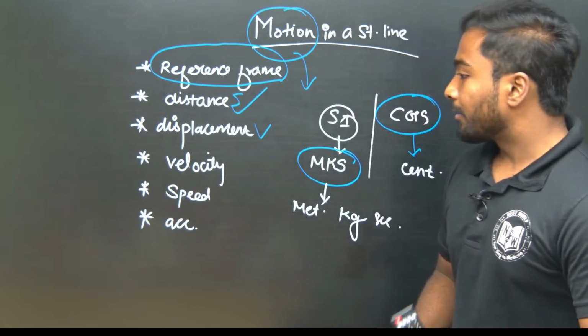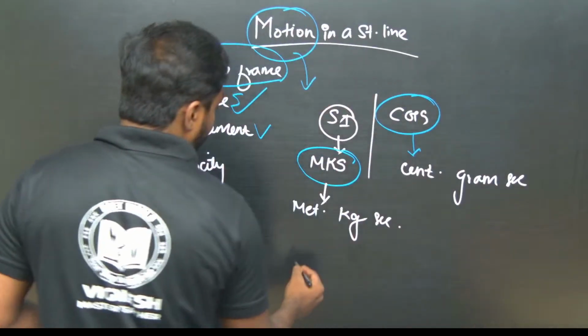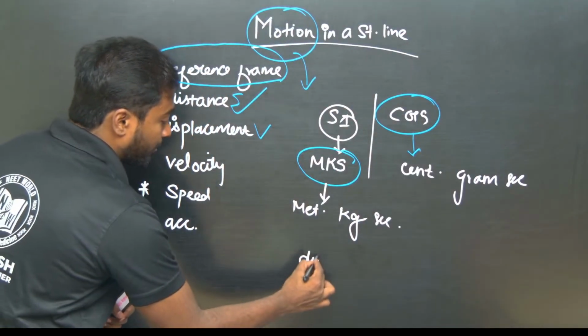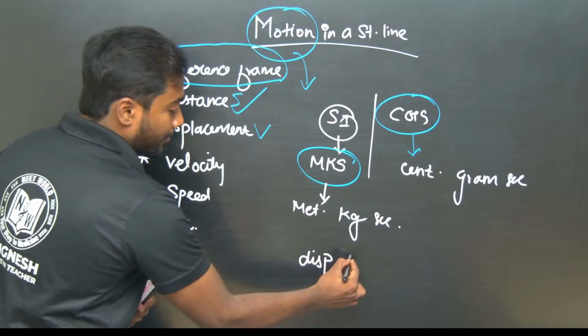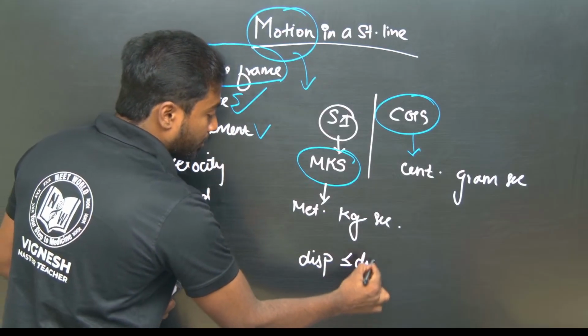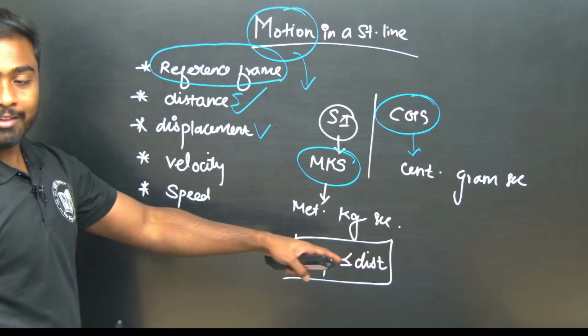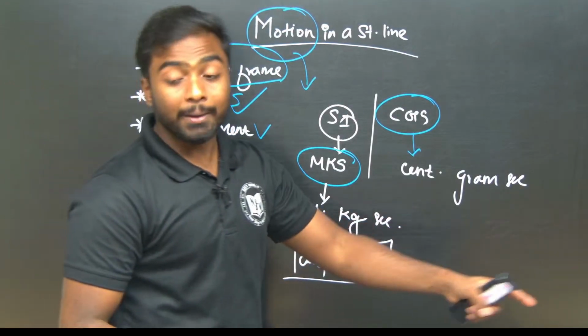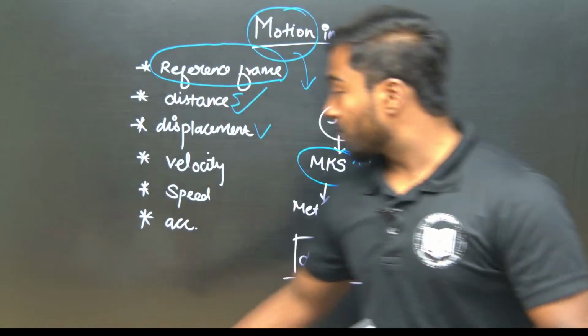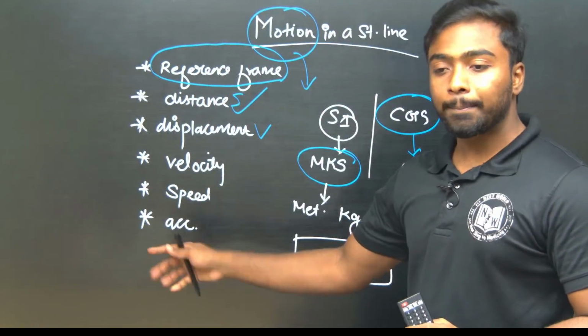And displacement is less than or equal to distance. This is the main thing. Distance can be 0 or positive, but it can't be negative, but displacement can be negative, 0 or positive.